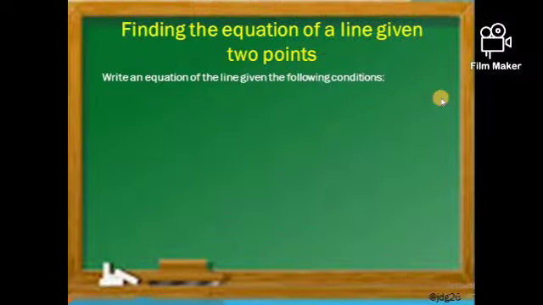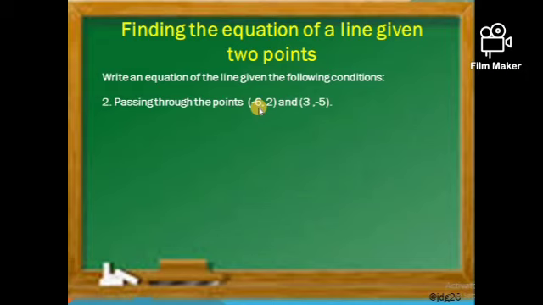Let's have another example. Number 2. Passing through the points (-6, 2) and (3, -5). So here's the solution. We have the first point and we have the second point.